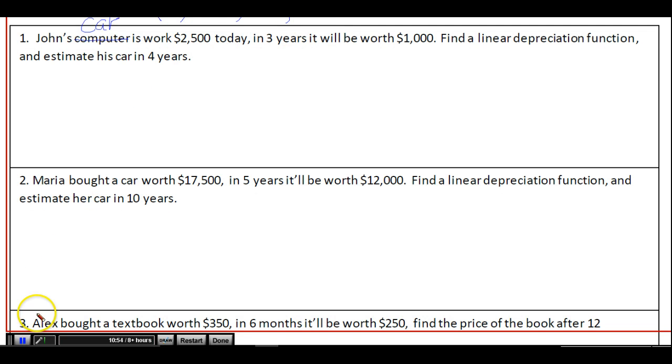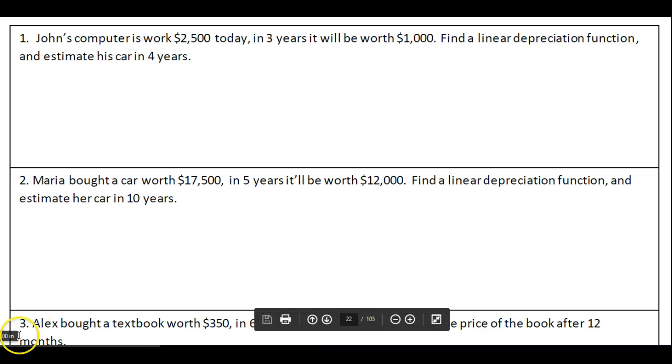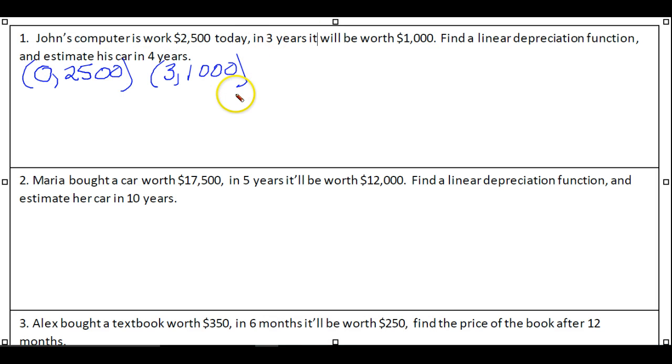And this is the general form that we'll be following here. So there's my ordered pairs. Today it's worth this. 3 years from now it's worth this. So we have 2 points of data.